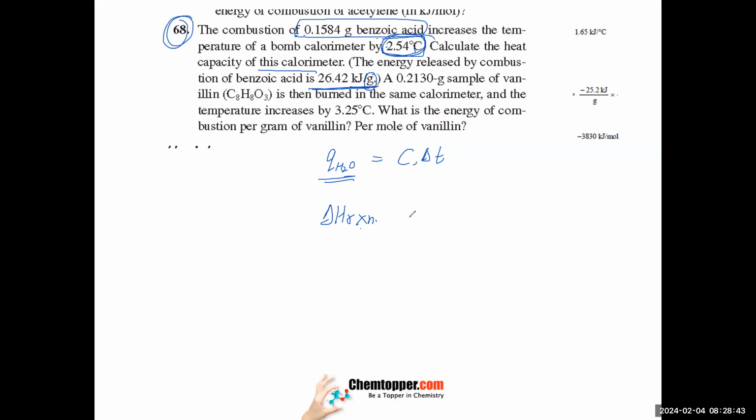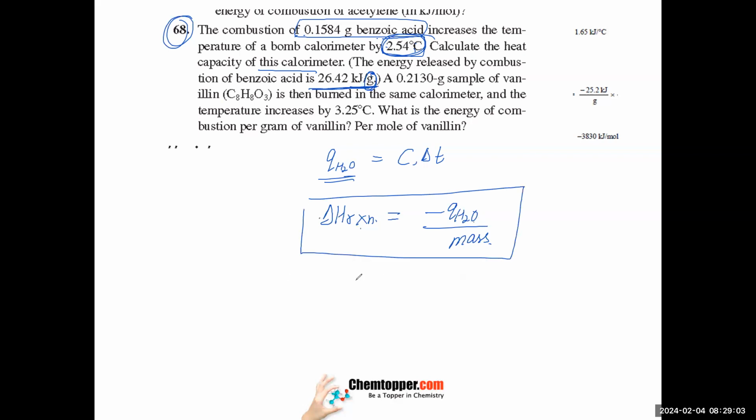So I can calculate delta H of the reaction as the value is given. So I'll use minus Q of the water. This time it is in grams, so I'll divide it by mass. I'll use this equation this time.